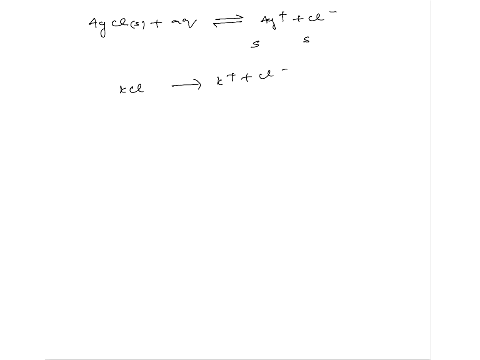KCl solution was taken, 0.1 molar. So 0.1. But solubility product looks at the total ions. Doesn't matter who is supplying what. So it won't be just S, it would be S plus 0.1. And that would be equal to KSP. So S into S plus 0.1, that is KSP.